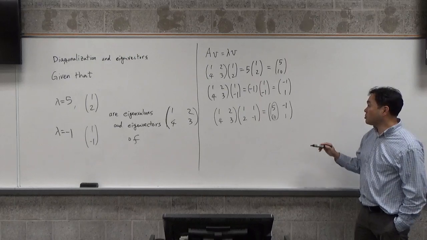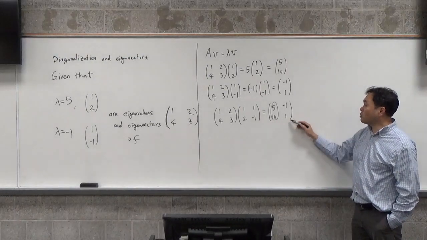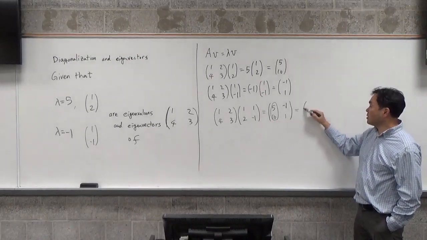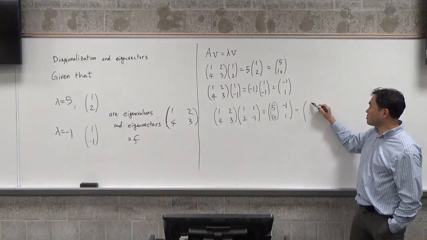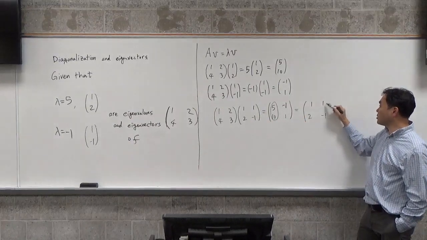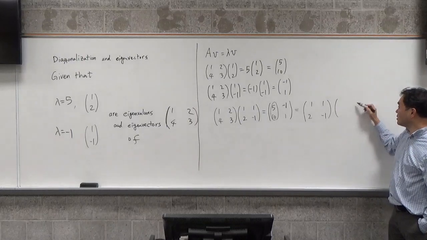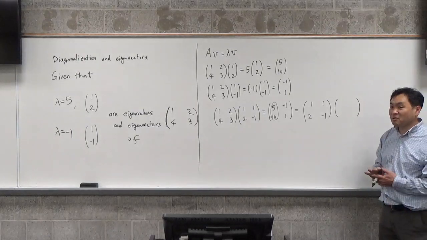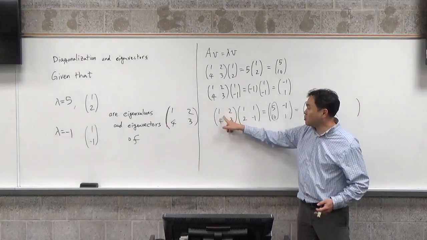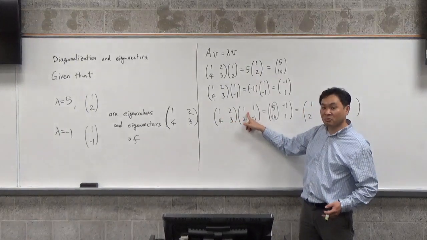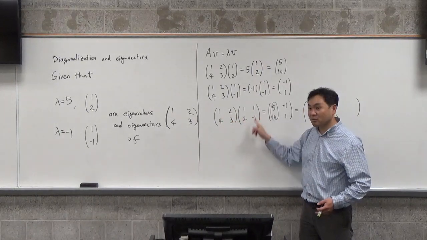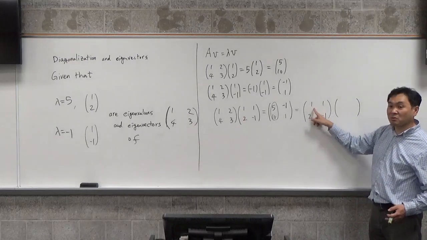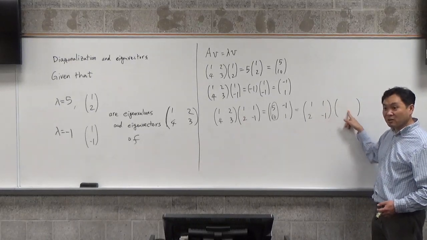Another thing that we want to do is there's a way to represent this as this times something. It's [[1, 1], [2, -1]]. And see the difference? Here I have matrix A times the columns, a bunch of columns. Now I put the columns first, and I'm writing something down here.